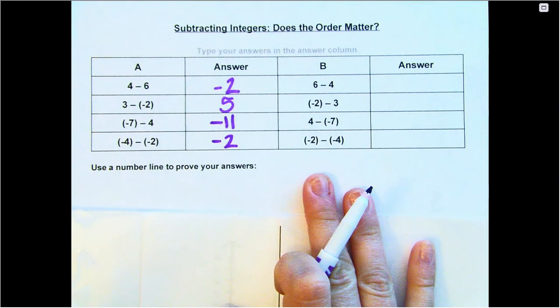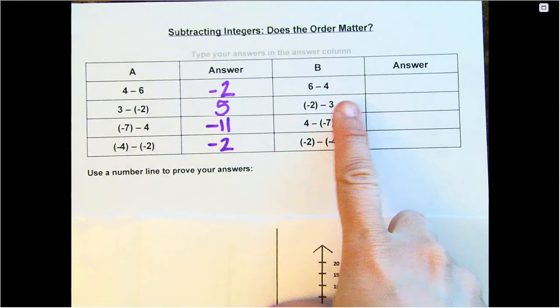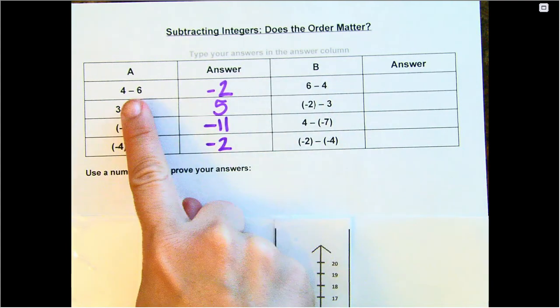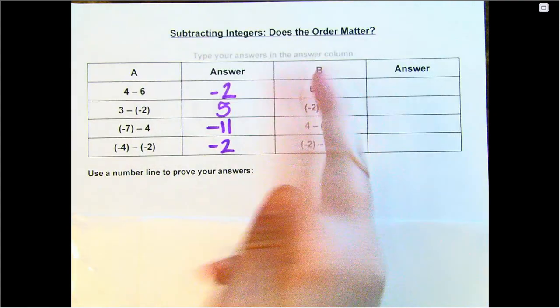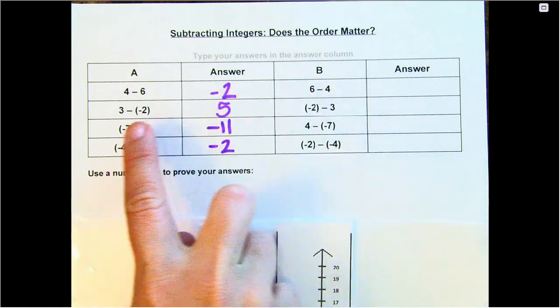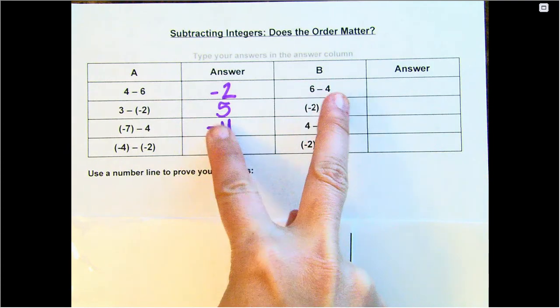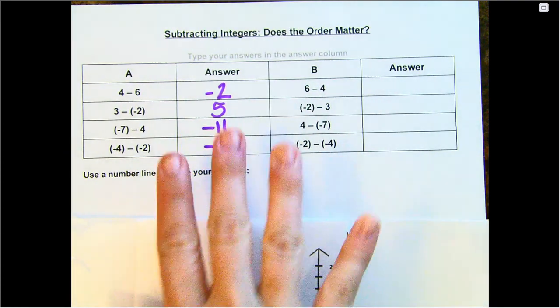As I filled in my table, I got the answers of negative 2, 5, negative 11, negative 2. And we're going to see if the order matters. If you look between column A and column B, the order has flip-flopped. Instead of 4 minus 6, it switched to 6 minus 4. 3 minus negative 2 switched to negative 2 minus 3. So I flip-flopped the order, and we're going to see if the order really matters whenever we're subtracting.